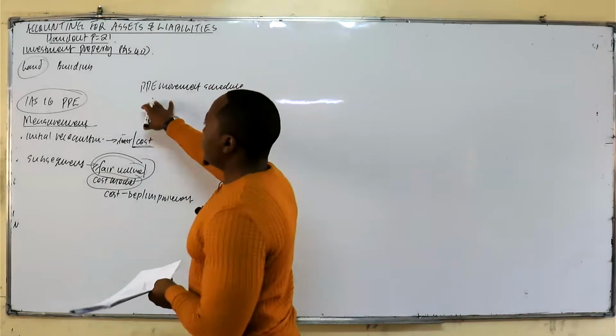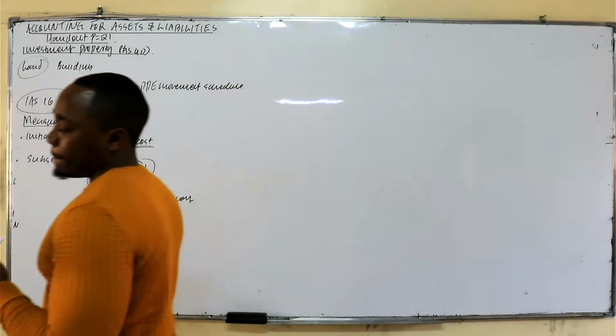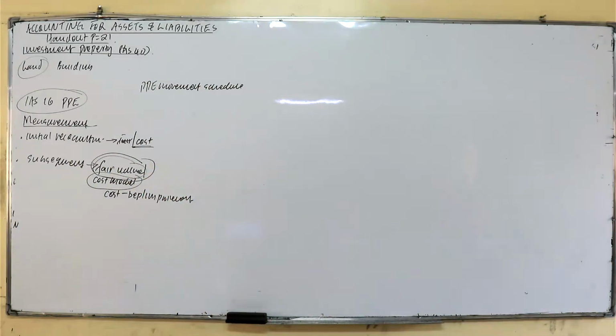That's what we call the PPE movement schedule. Number five, a reconciliation of the carrying amount at the beginning and end of the period, showing the additions, the disposals, also assets classified as held for sale, as well as the impairment loss and reversals of impairment.